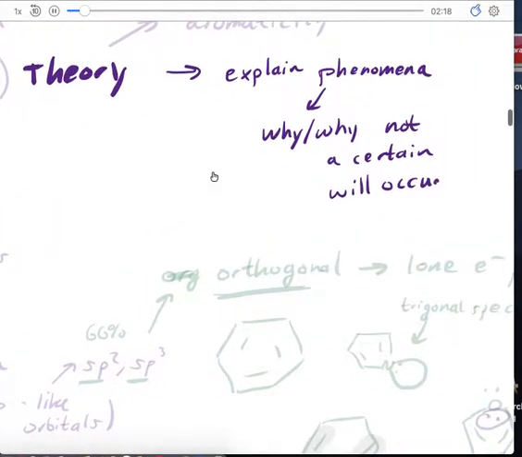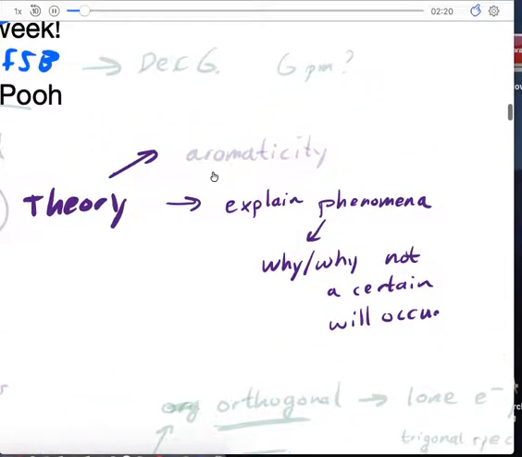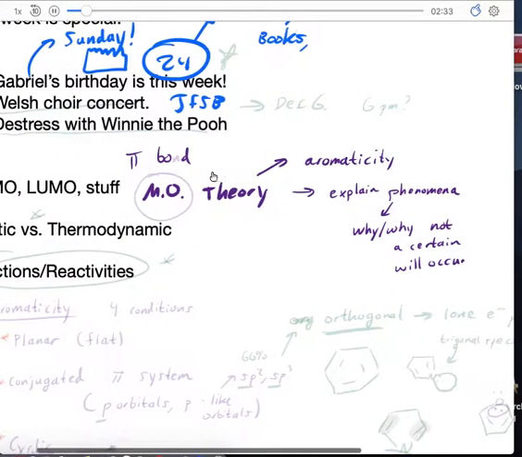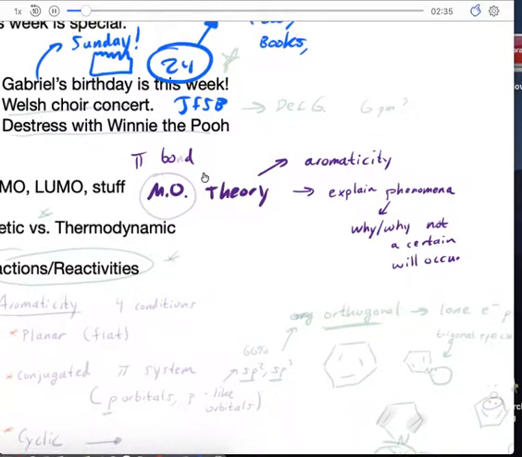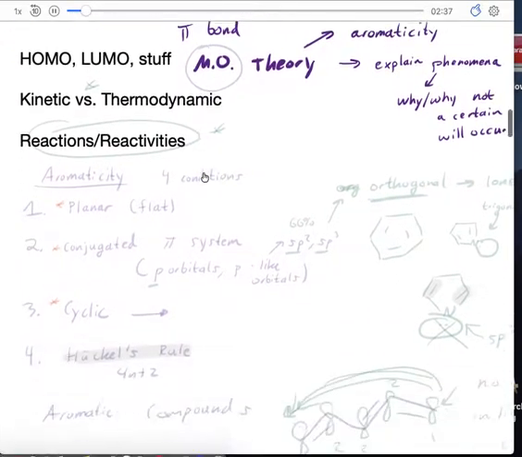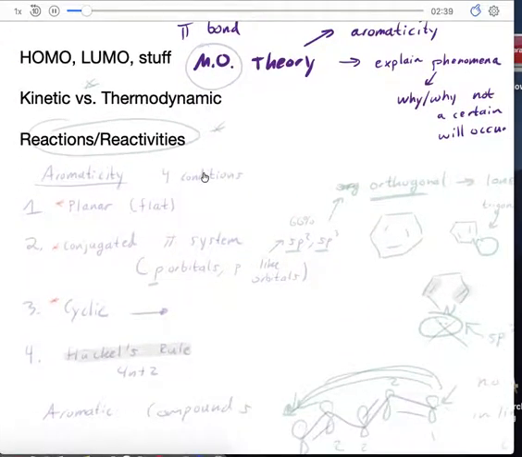And you will also use this to demonstrate the presence or lack thereof of aromaticity. And so these are all going to be pi bond stuff, so it's nothing too bad, but it can be a little bit tricky. So let's just go over it really quick. So let's go over the aromaticity.